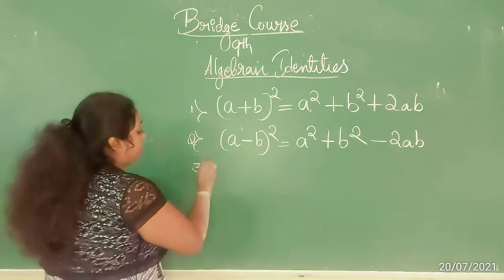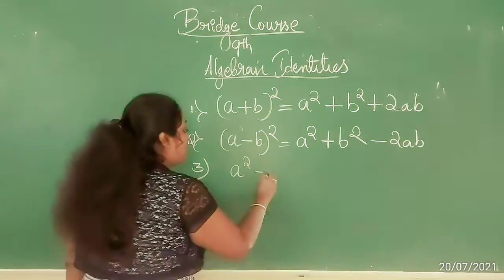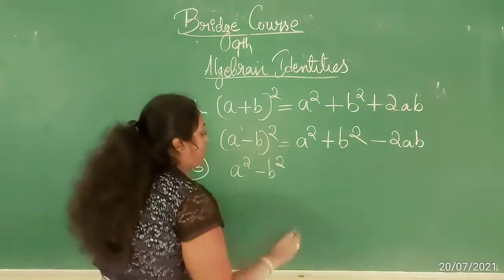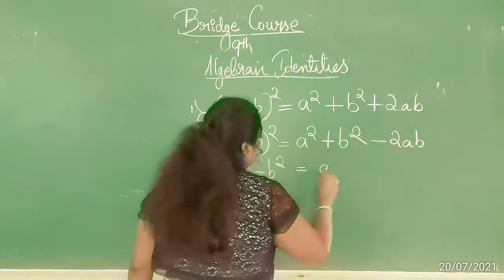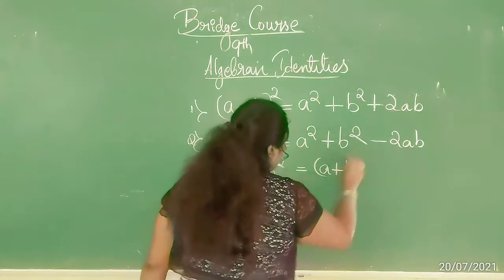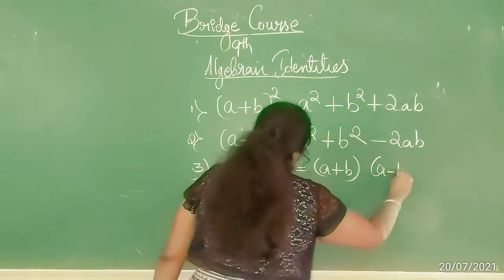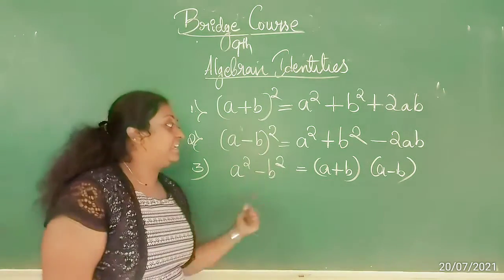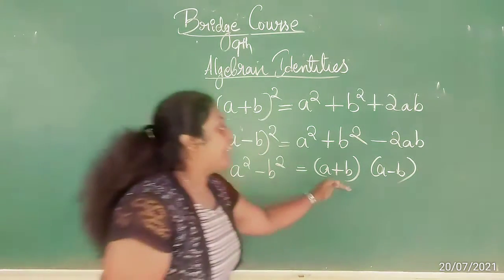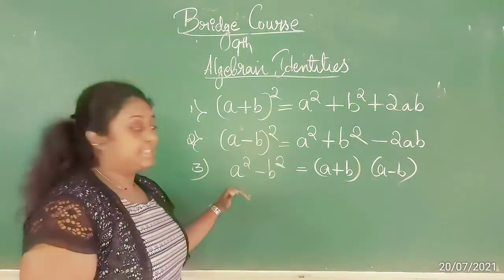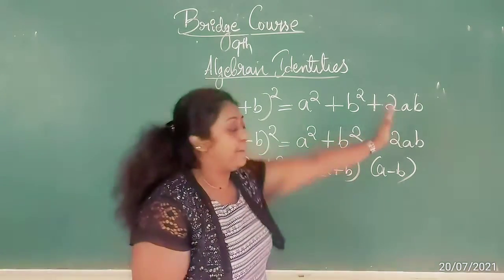Next, third one is A square minus B square is what? It is nothing but (A + B) into (A - B). This can be written vice versa, children. They can give either like this or like this.